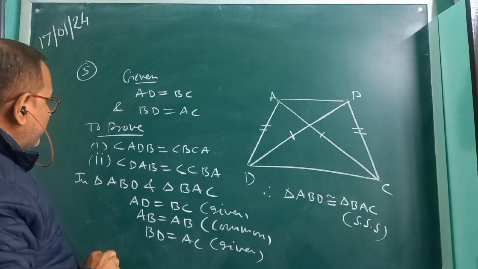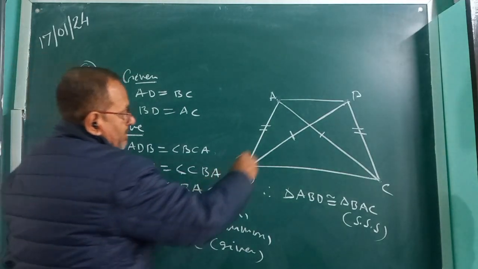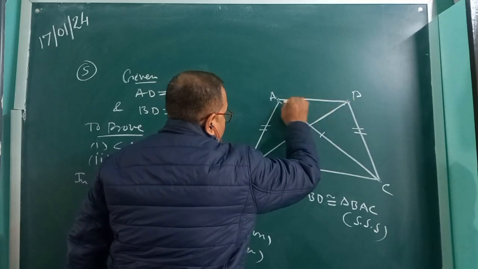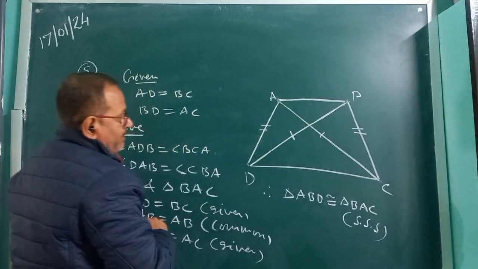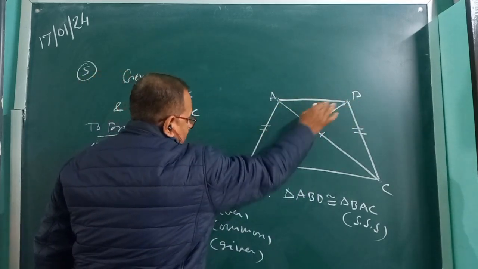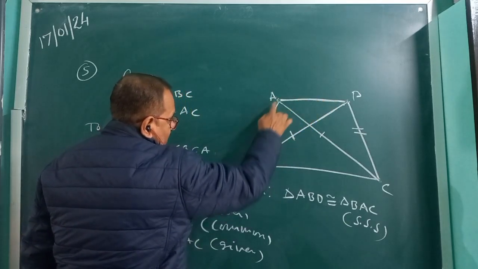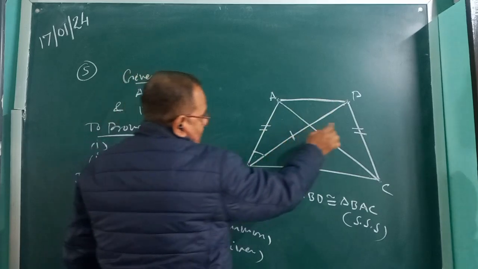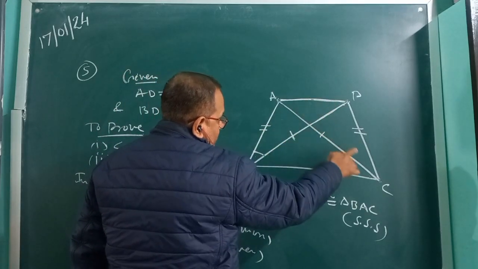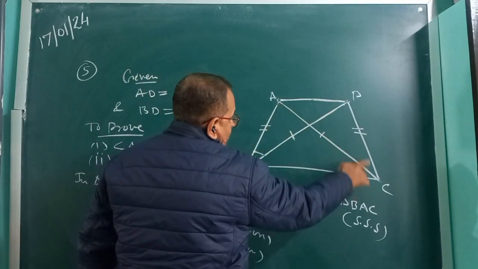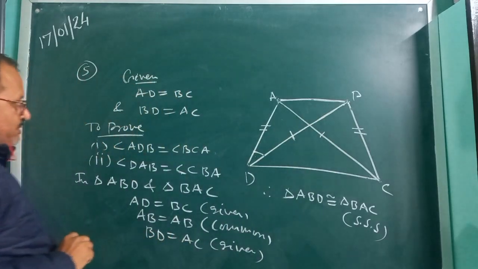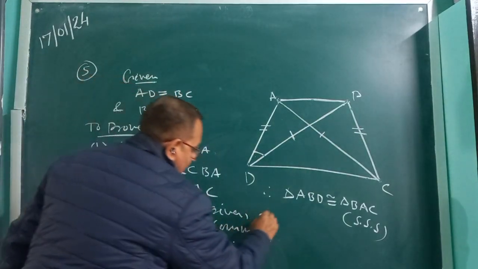So see the corresponding angles. AB is the common side in both the triangles. In the first triangle ABD, the angle opposite to AB is angle ADB. And in the second triangle, the angle opposite to AB is angle ACB. So these two angles will be equal.